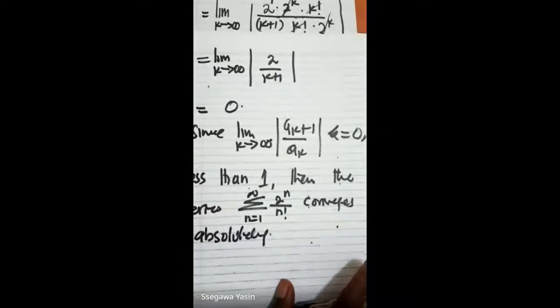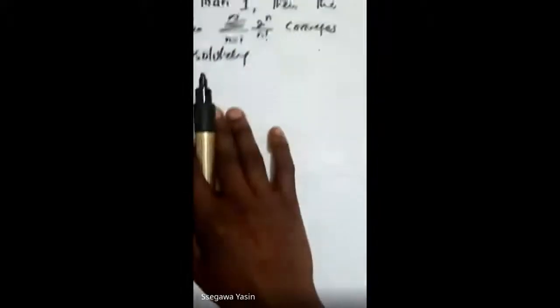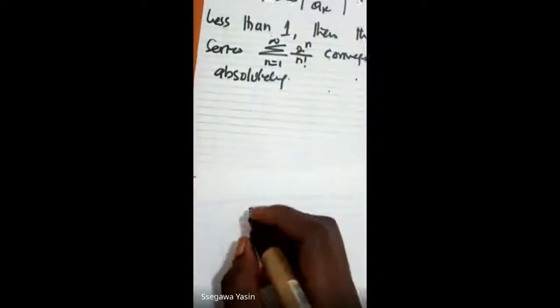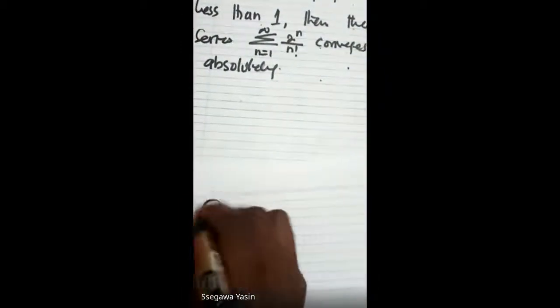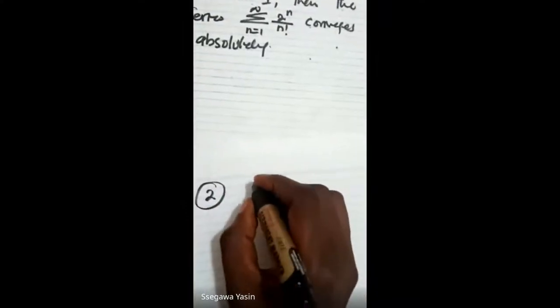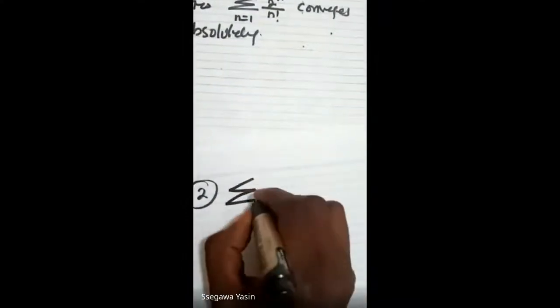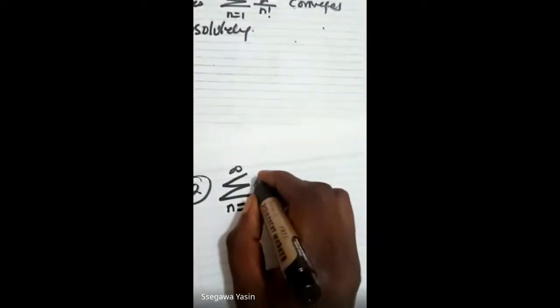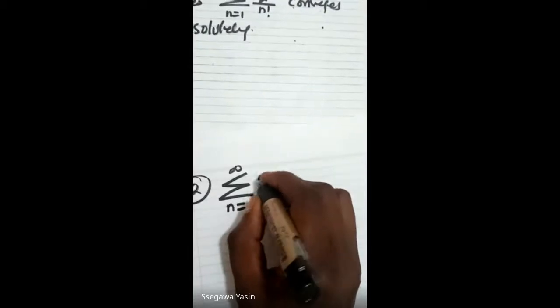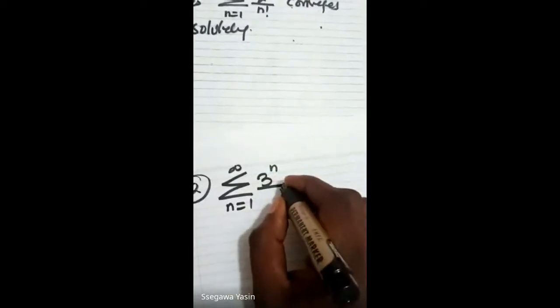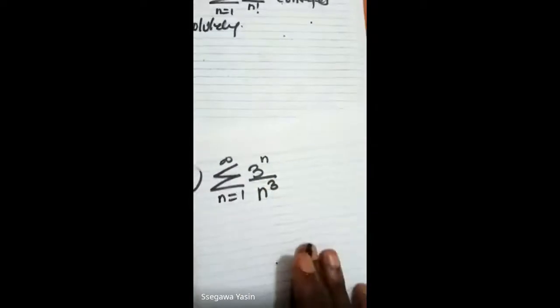Hope you have seen what you have done. Let's go to number 2. This is the sum, n equals 1, of 3 power n over n cubed.